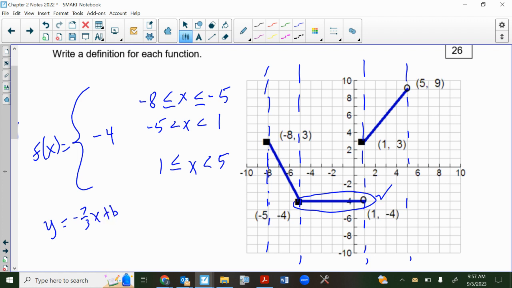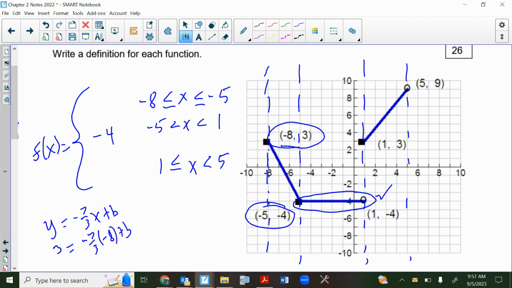Now the question is, what is my b value? Well, the b value I have to solve for, so you could put it in point slope form, but because we want y equals anyways, what I'm going to do now is just take one of the 2 points that I know, and substitute it in for x and y. Right, so you guys have done this before. It's nothing new.